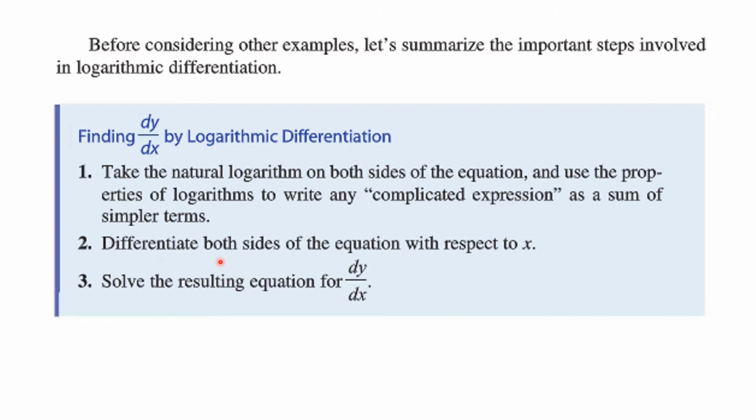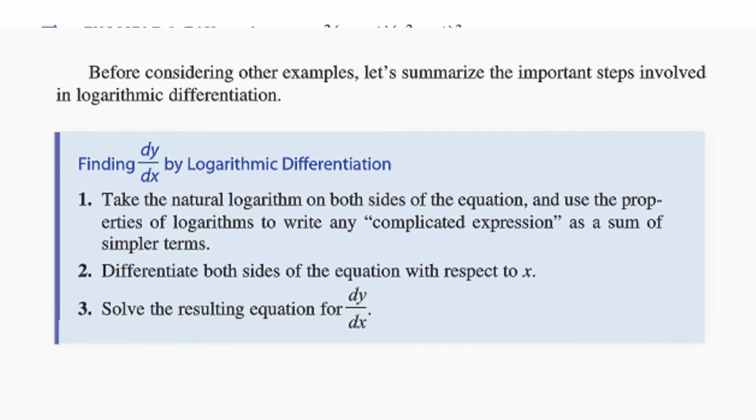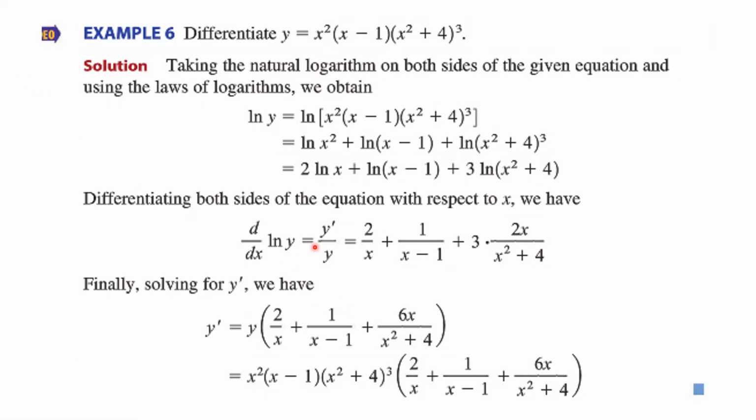Then differentiate both sides of the equation with respect to x, realizing that you will have to use the chain rule at least on the left-hand side and maybe other places. And then solve the resulting equation for dy dx. So this is your process.